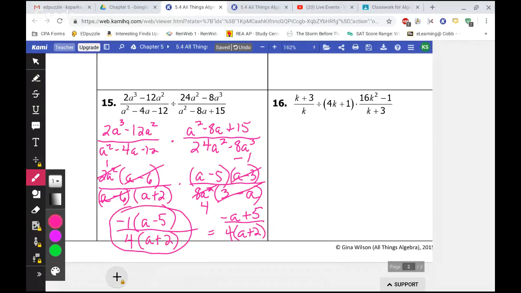And then number 16, rewrite the first, change to multiplication, flip this to its reciprocal, and the last one stays the same because it's just being multiplied.